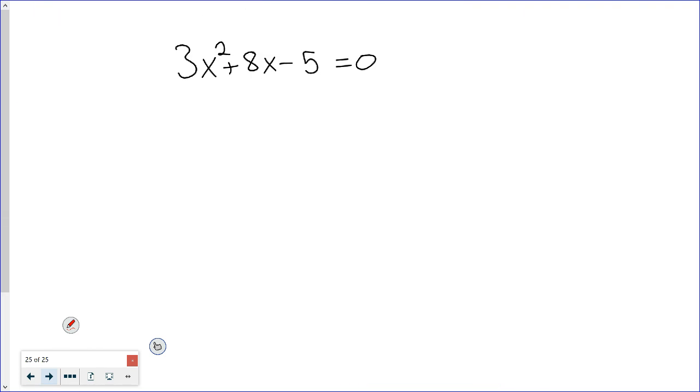Okay. So then the last type of problem that you'll see is a 3-termer that can't be factored. So I can't factor this. If I did 3 times -5, there's nothing that multiplies together to be -15 that adds together to be 8. It just isn't anything. You could try and there's no values that would do it. We can't do it.